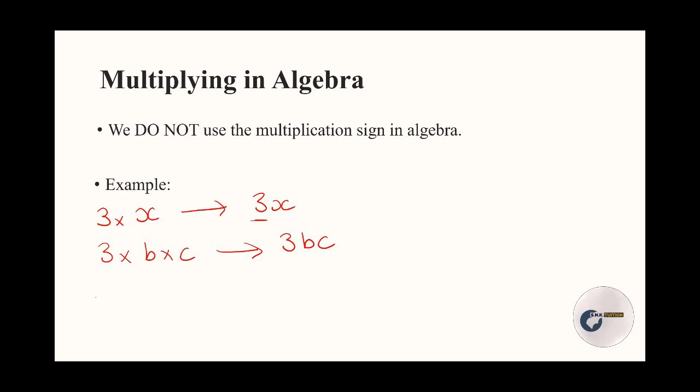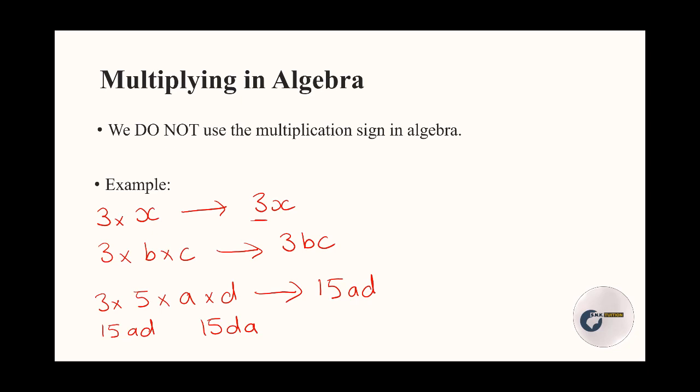Another example could be 3 multiplied by 5 multiplied by a multiplied by d. This would simply be written as 15ad, because 3 multiplied by 5 is 15. So these are the things to remember. Another thing to note, sometimes you might see 15ad and 15da.